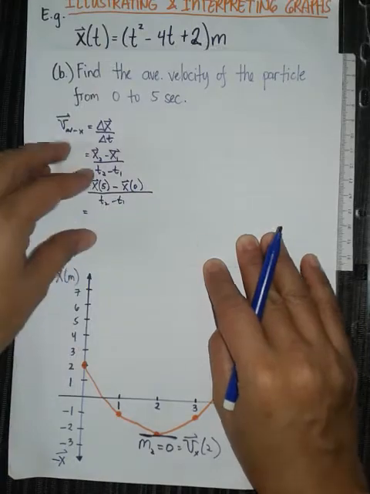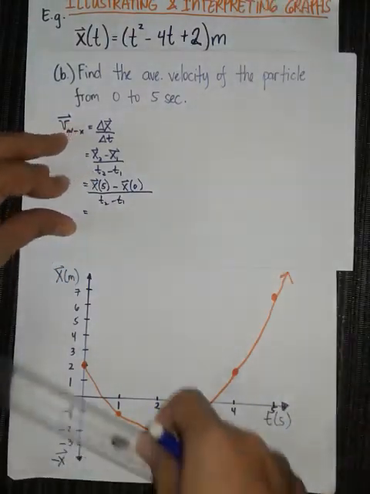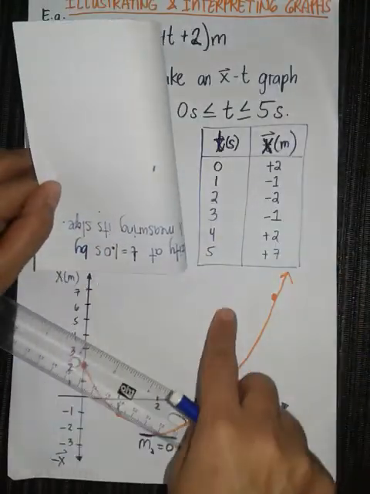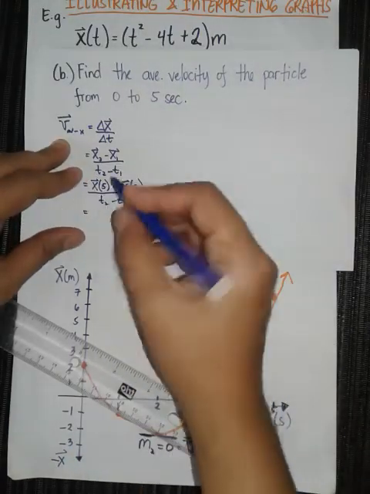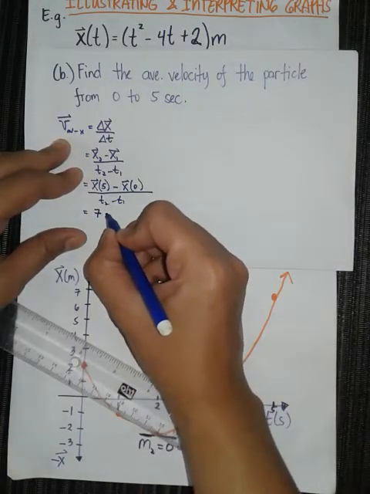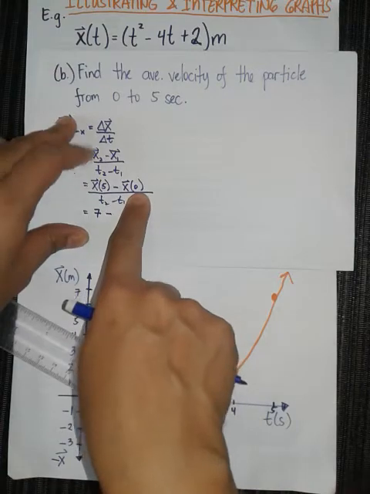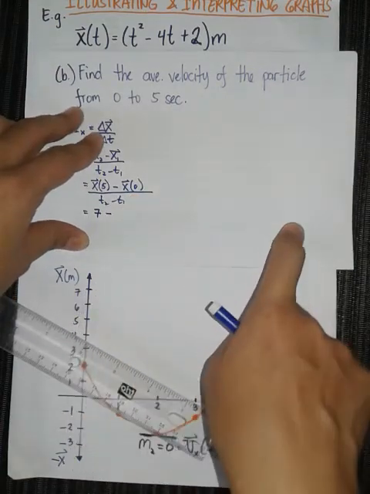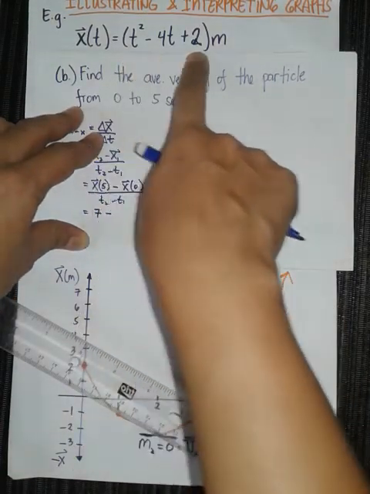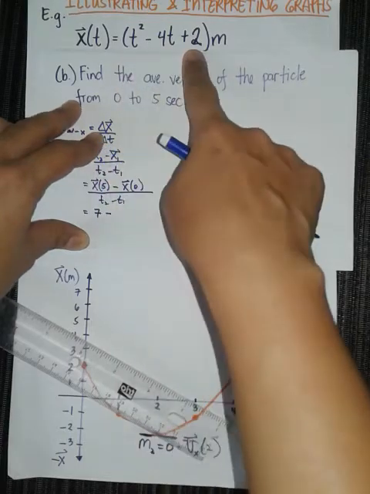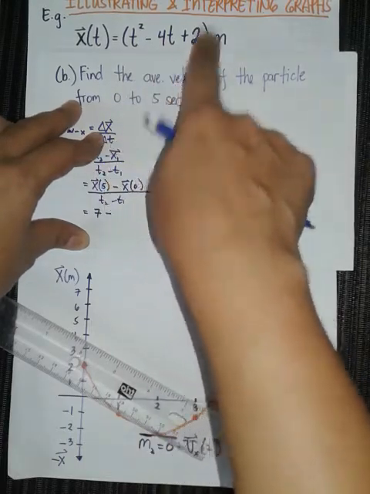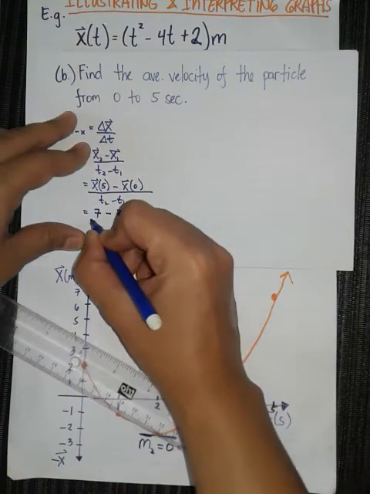Let me look at my code. So position when time is 5, according to our table, is positive 7. So this is 7 meters minus the position when time is 0. Even if you do not look at the table, you can simply look at the value here: 0 minus 0 plus 2. So this would be 2 meters.